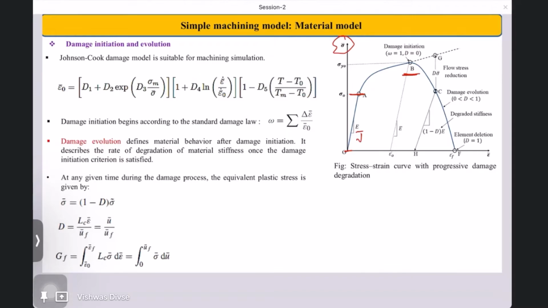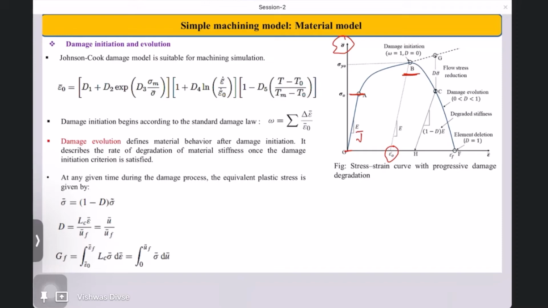Again, damage initiation in the machining process is a function of strain, strain rate, temperature. I mean the strain at failure, this strain, this is the strain at damage initiation or failure initiation, epsilon naught.